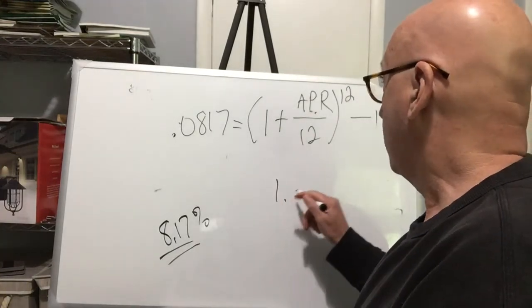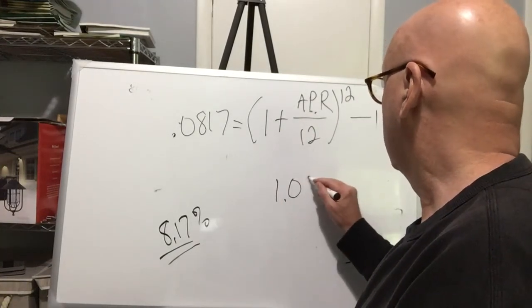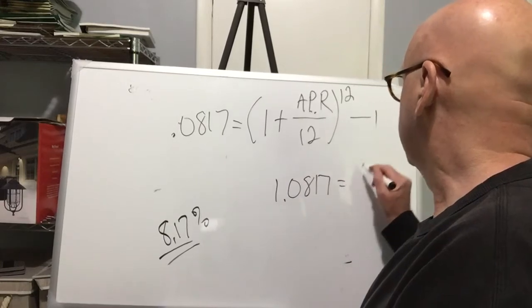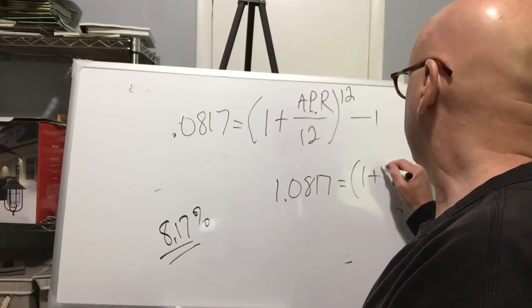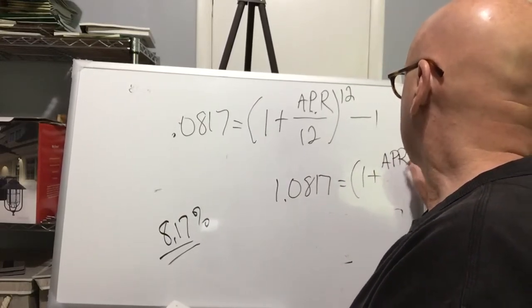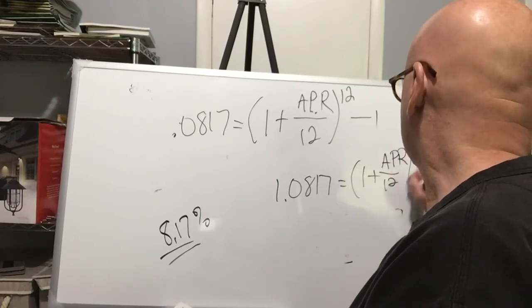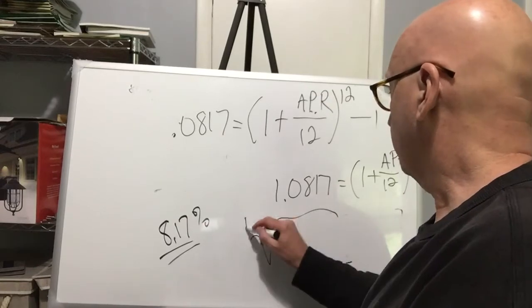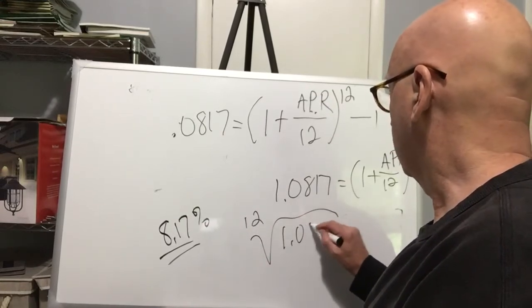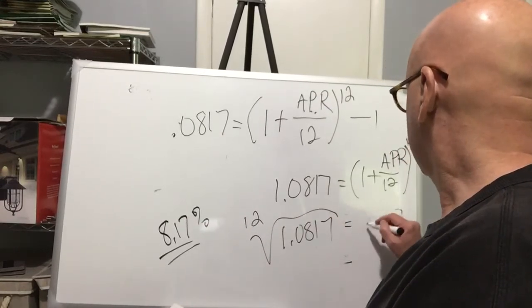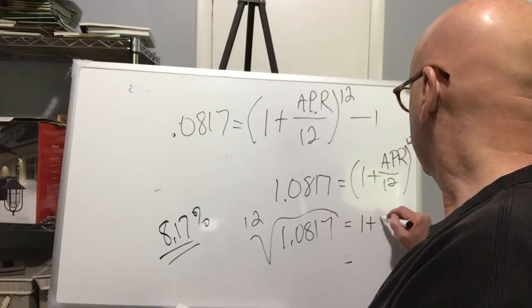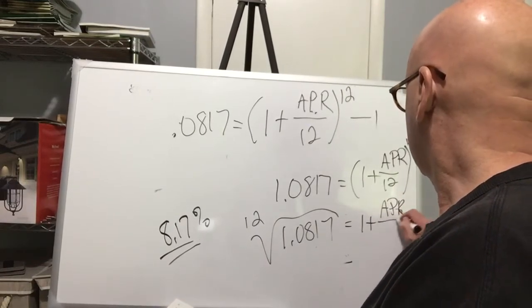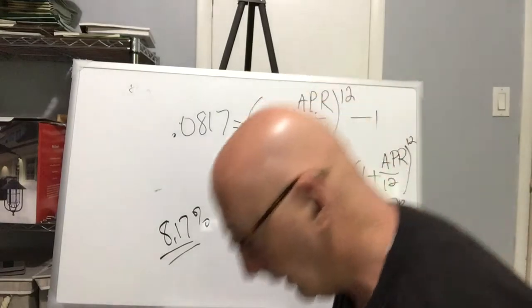So 1.0817 is equal to 1 plus APR over 12, to the 12th power. So if I get the 12th root of 1.0817, that's going to be equal to 1 plus APR over 12.